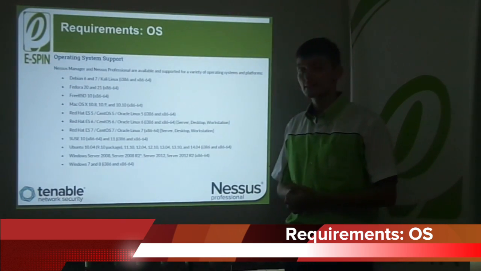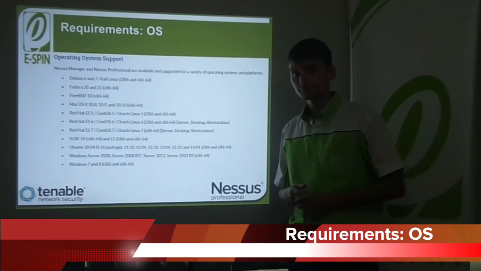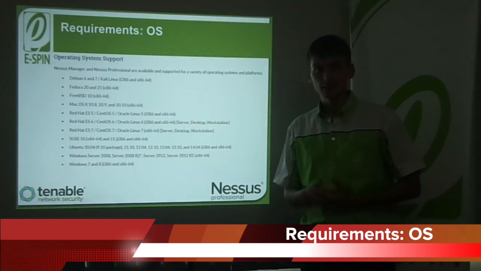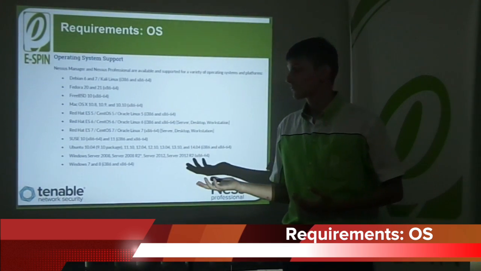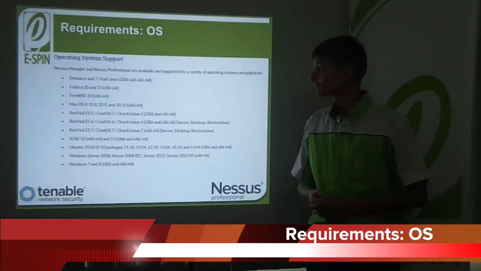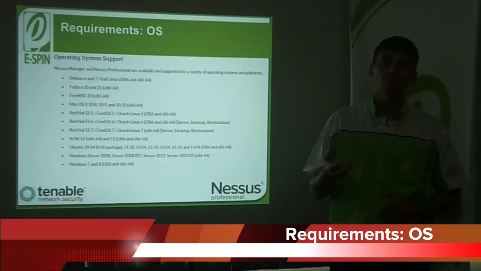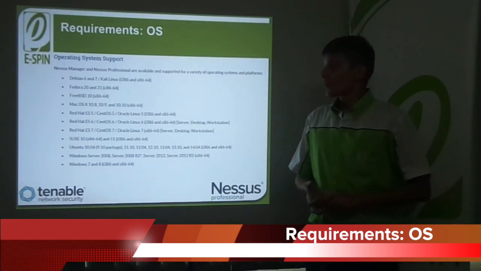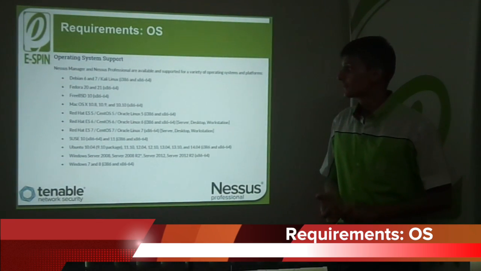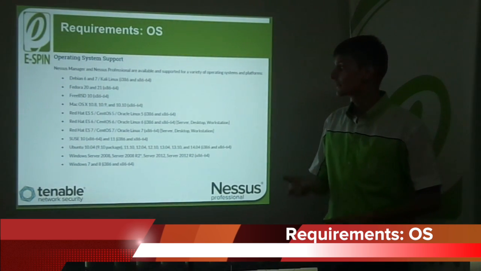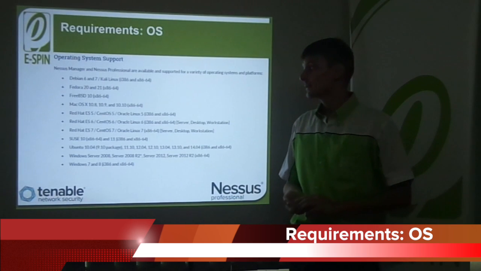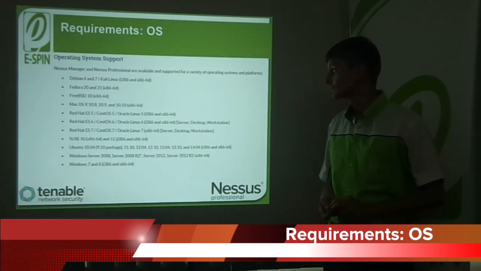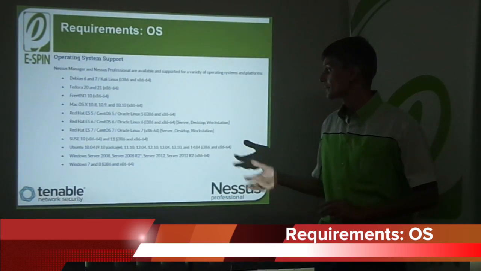You can see Debian 6 and 7, Kali Linux i386, Fedora 20 and 21, FreeBSD 10, and Macintosh operating system 10.8, 10.9 and 10.10, Red Hat ES5, CentOS 5, Oracle Linux 5, Red Hat ES6, CentOS 6, Oracle Linux 6, and Red Hat ES7 with CentOS 7 and Oracle Linux 7. The last two work on server, desktop and workstation.